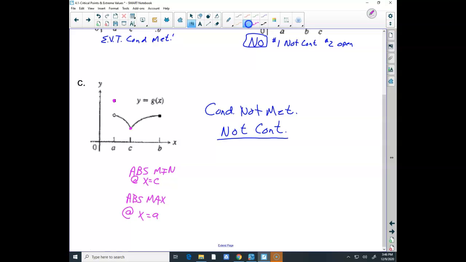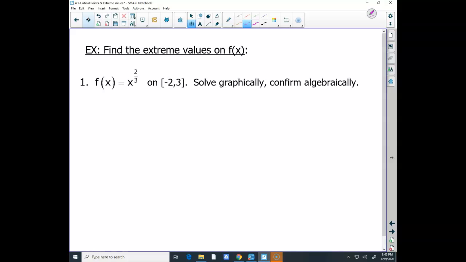Okay? So now, I'm just going to do a couple examples here, hopefully, and then turn you loose, and you can finish up your work for this whole section. Find the extreme values on f of x. Extreme values.